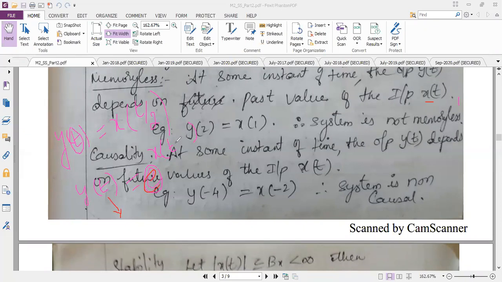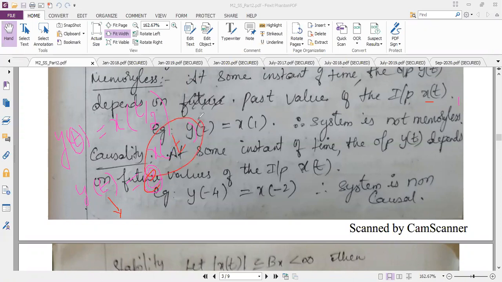Suppose the bracket of x of t is having +1, or if it is having -1. Based on that, I will predict whether it is a memory system or a memoryless system. For example, if it is x of t -1, the minus says that it is a past value, so I can say the system is having memory. If it does not have anything in the bracket, if it is just x of t, then I can say that the output depends only upon the present value of the input.